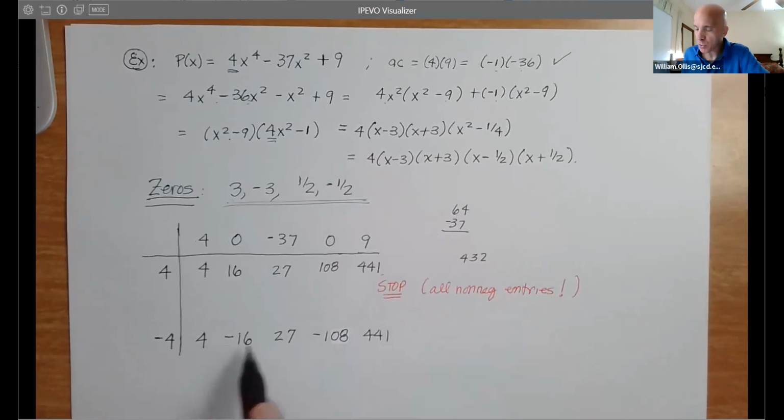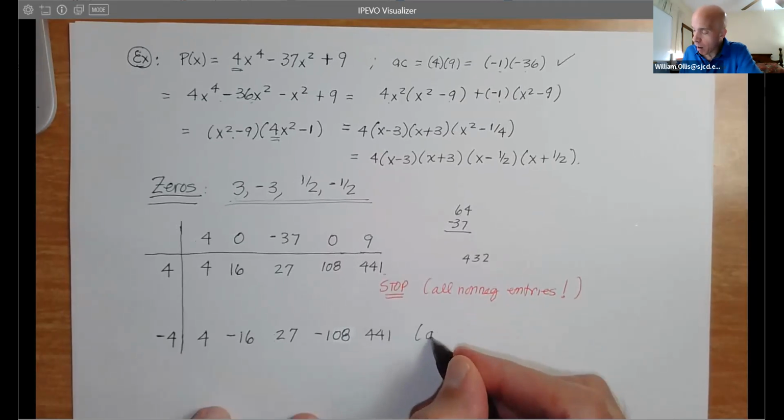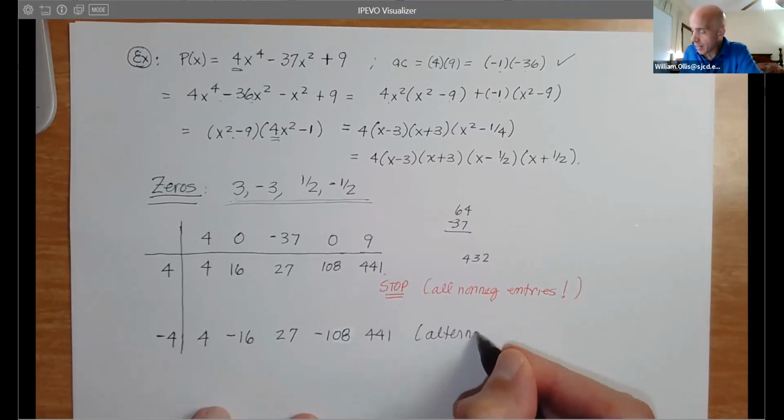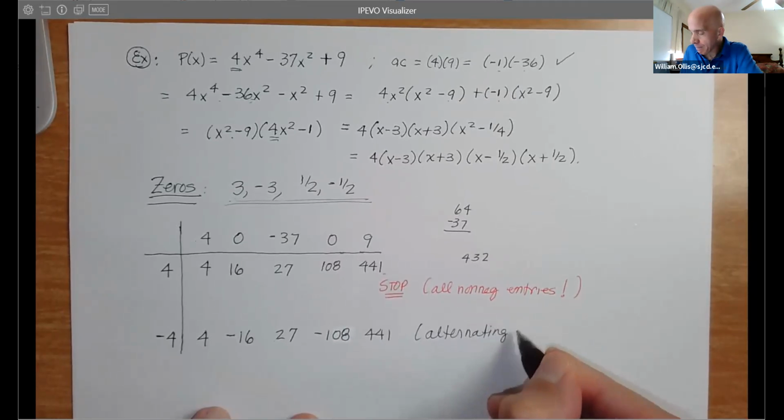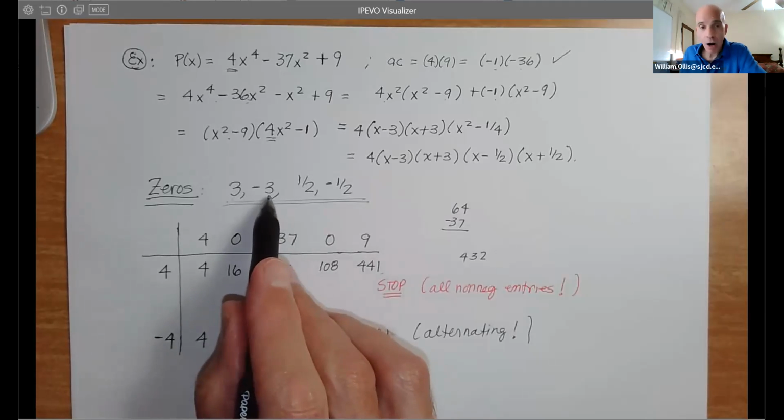Now notice alternating: non-negative, non-positive, non-negative, non-positive. And so this is alternating. And so the bounds theorem says, don't try anything less than this because that's a lower bound for the negative zeros. And we already know it is.